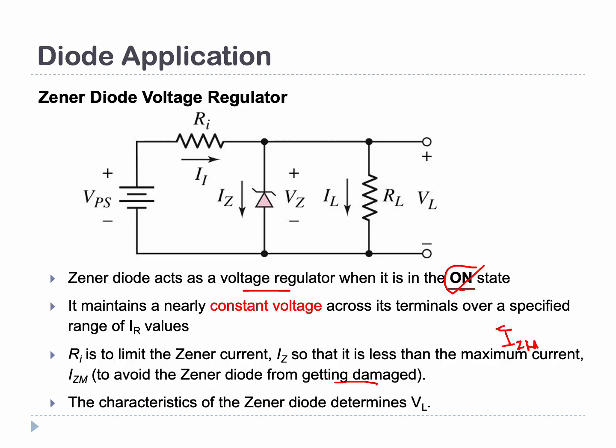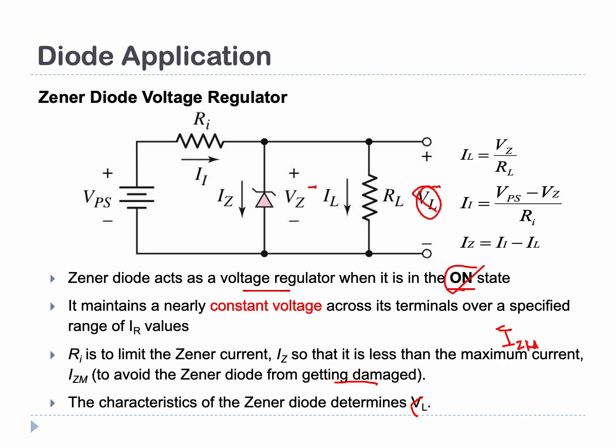The characteristics of the Zener diode determine the value of VL. If the Zener is turned on, the VL value, your output voltage at the load resistance, will be the same as the Zener voltage.